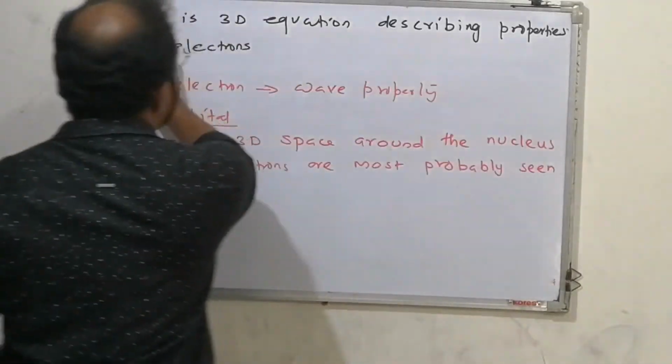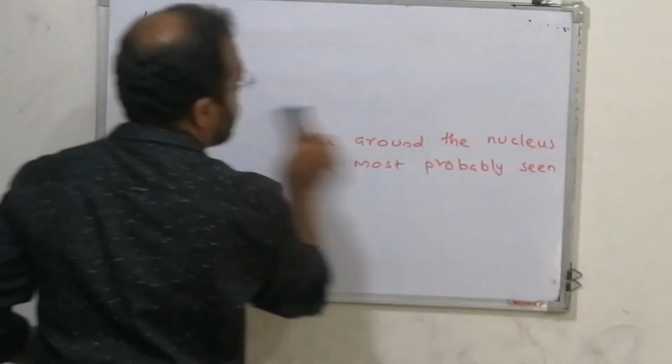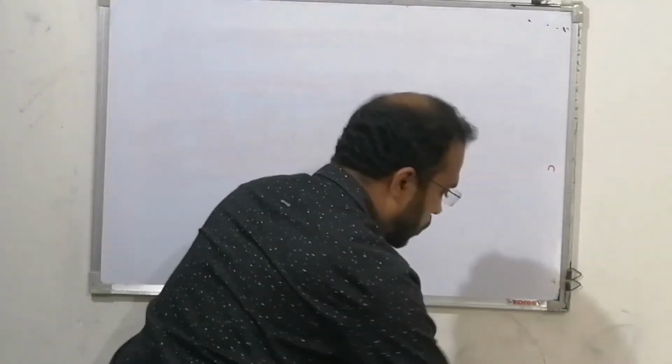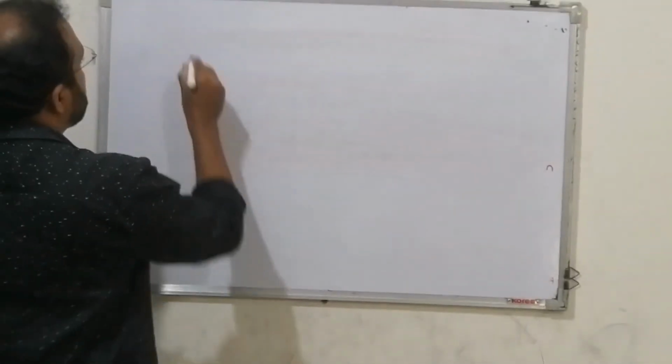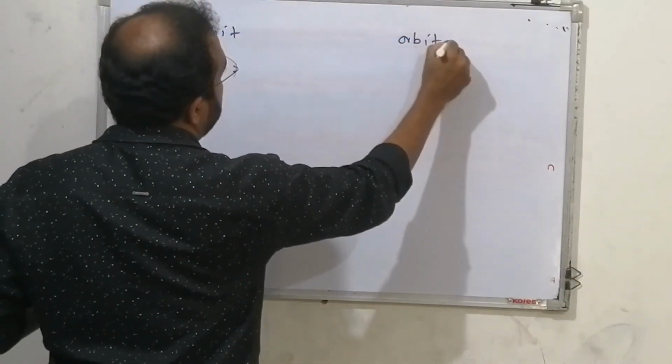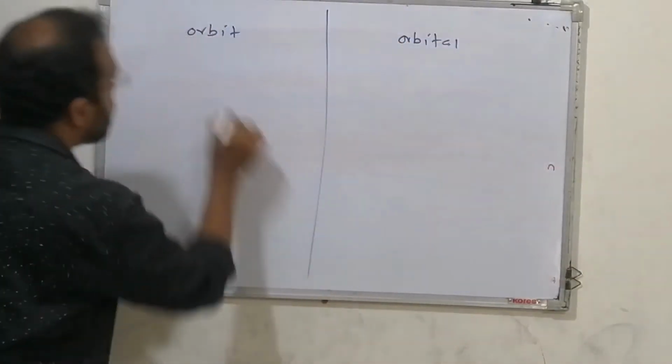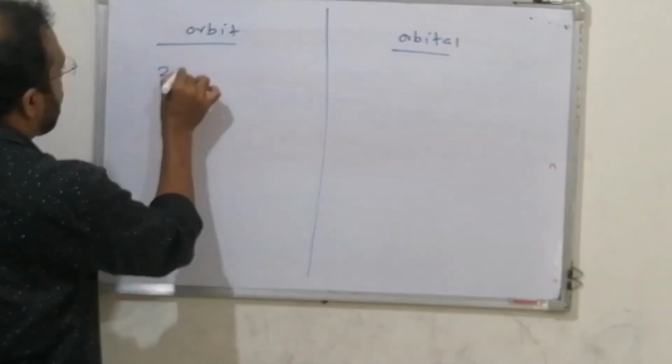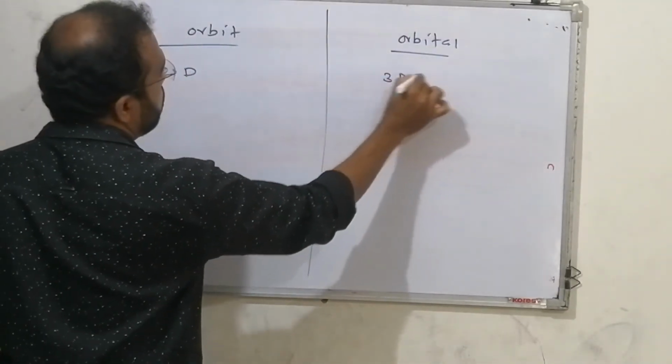Orbit and orbital. Differentiate between orbit and orbitals. This is orbit. This is orbital. What are the differences?